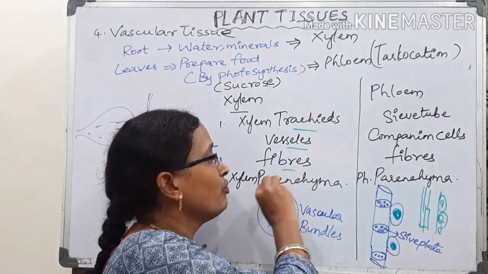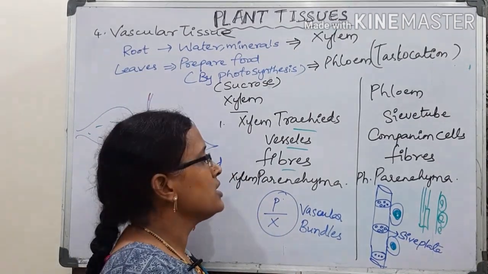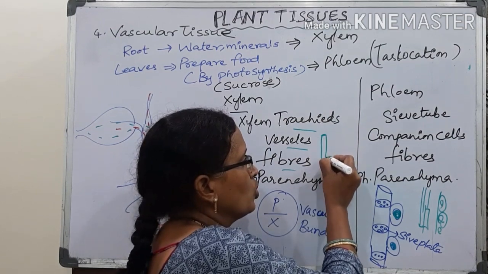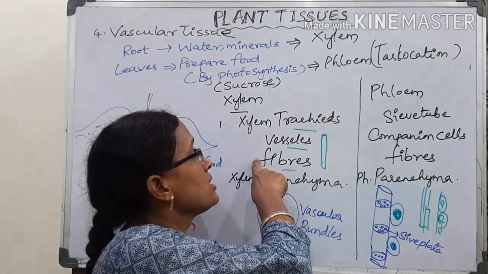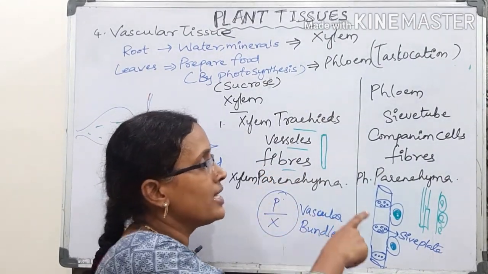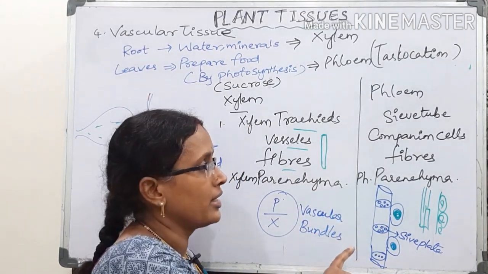Like that, there are different types of tissues. All these are small minute tubes present in the plants. In the xylem, water and ions are transported, whereas in the phloem, food materials are transported.